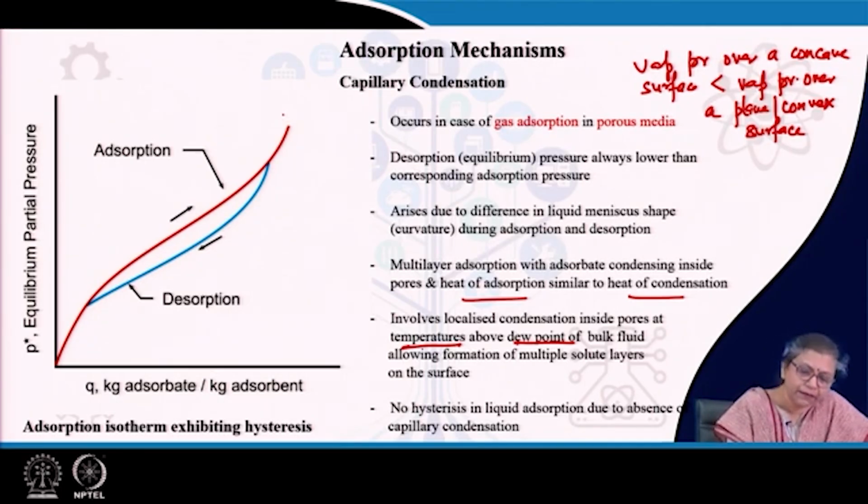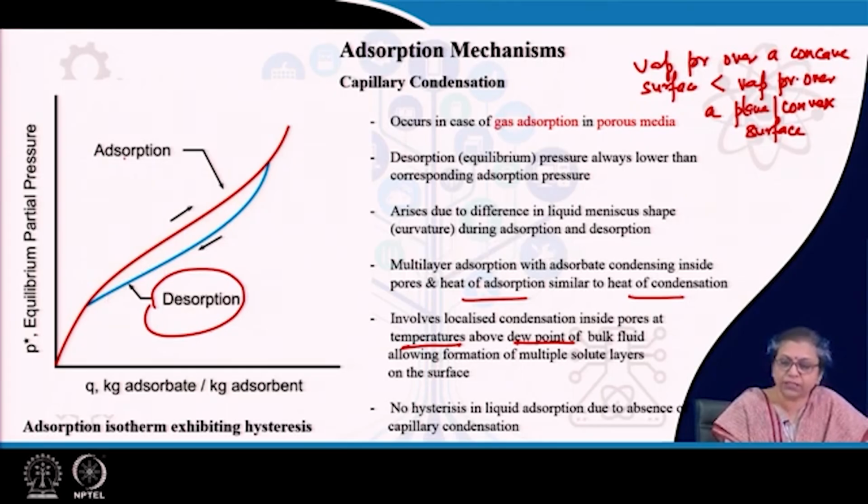Now, if we repeat the same experiment and generate the equilibrium data by lowering the partial pressure, in other words, if we perform the process of desorption, then we find that the equilibrium curve followed during desorption is different from the equilibrium curve followed during adsorption. Every time you will find that the desorption pressure will always be lower than the corresponding adsorption pressure, as has been shown in this particular equilibrium curve.